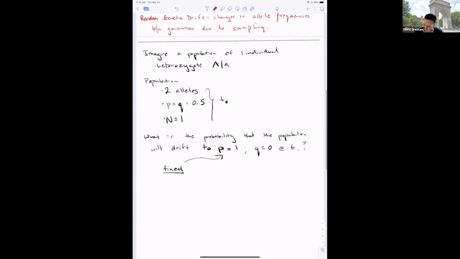And so when we do this, we have to assume, again, that population size remains at n equals 1, okay? And this is typically the case in many population genetic simulations and theoretical considerations.